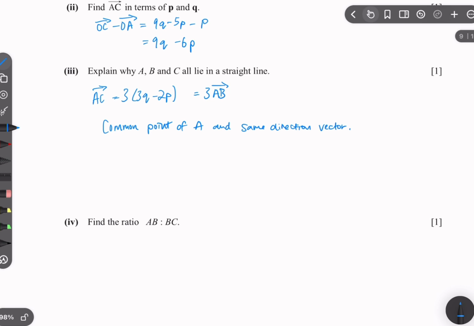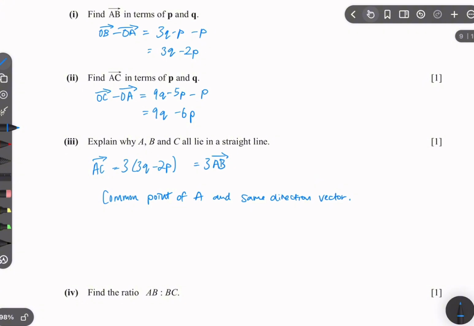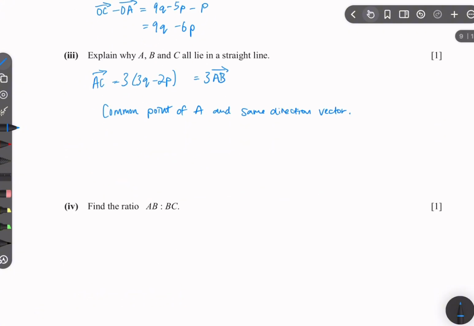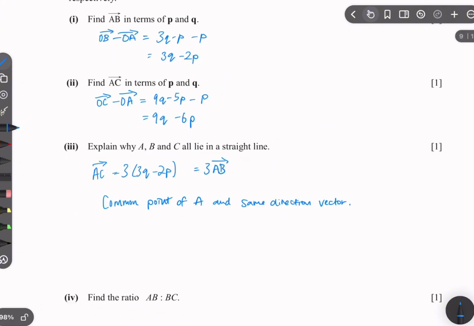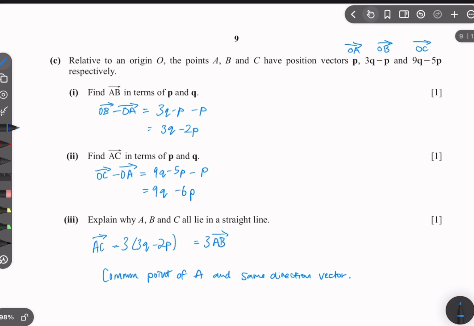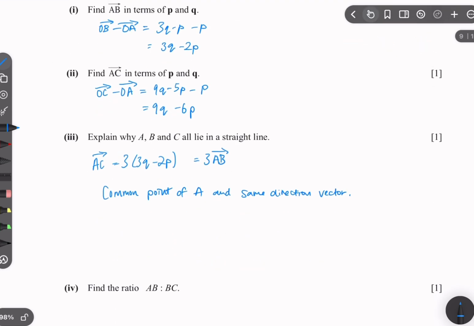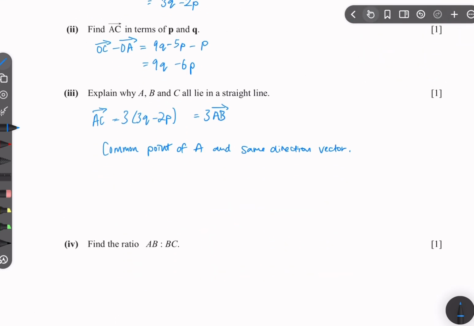Part 4, find the ratio AB to BC. Okay, so we already have AB from part 1. We just need to find BC. And BC is OC minus OB.